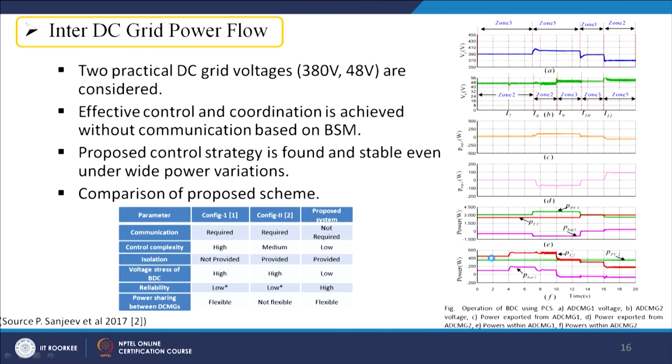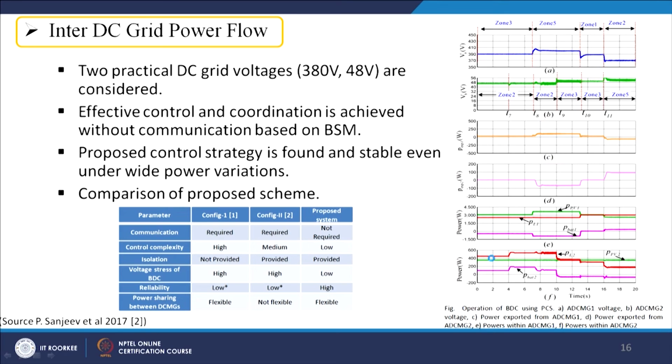Now, inter DC grid power flow: two practical DC grid voltages, one at 380 volts and the other at 48 volts, are considered. Effective control and coordination is achieved without communication based on BSM. The proposed control strategy is found to be stable even under wide power variation.